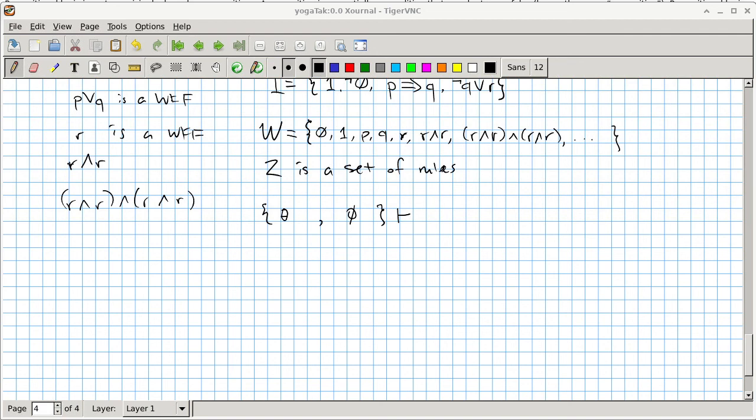They're placeholders to basically say, we just need theta to be one of the things that is known to be true at this point. We only need phi to be one of the things that is also known to be true at this point of time. Then we infer that this expression can also be marked as true.